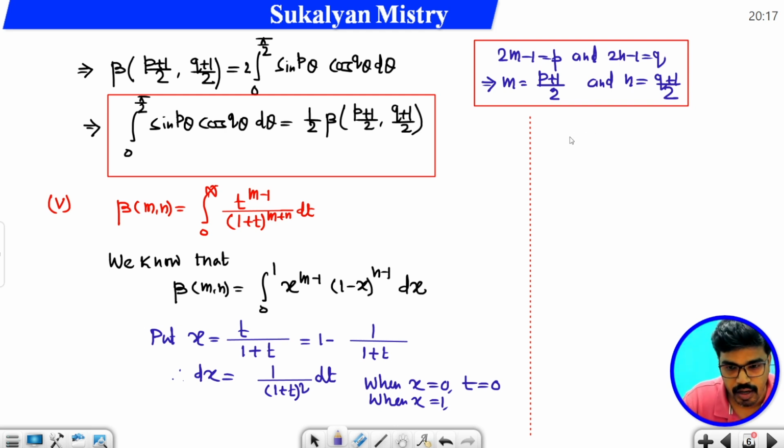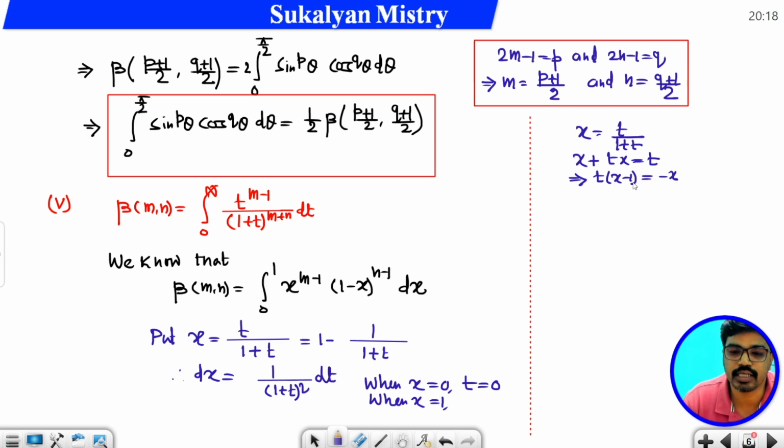x is equal to t by 1 plus t, that means x plus tx is equal to t, so t into x minus 1 is equal to minus x, that means t is equal to minus x by x minus 1, that is x by 1 minus x.